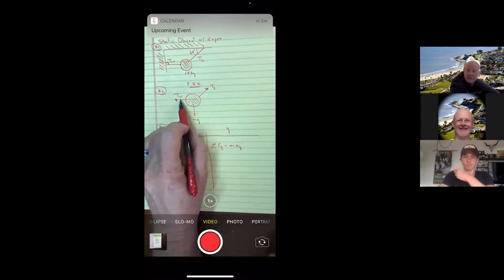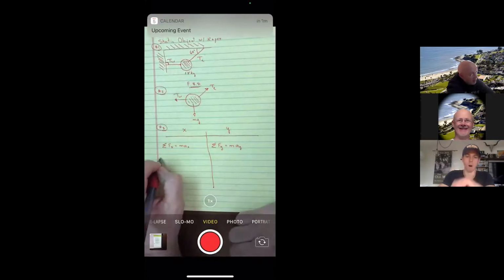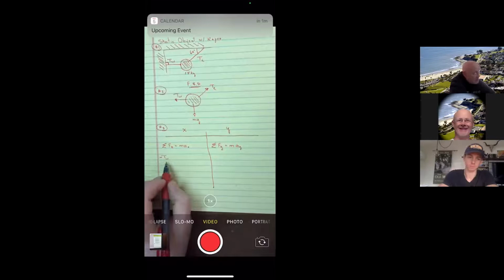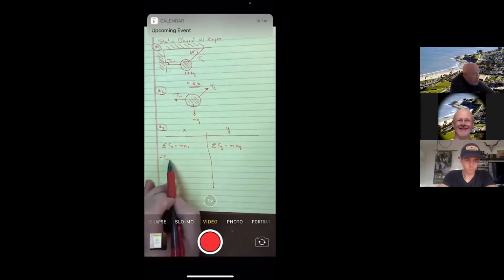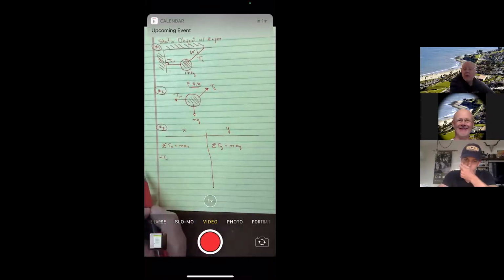Answer, all of it. So I'm going to put negative TW, the negative because it is in the negative x direction. No sine or cosine of anything goes here because this is all of it. All the force is in the negative x direction.